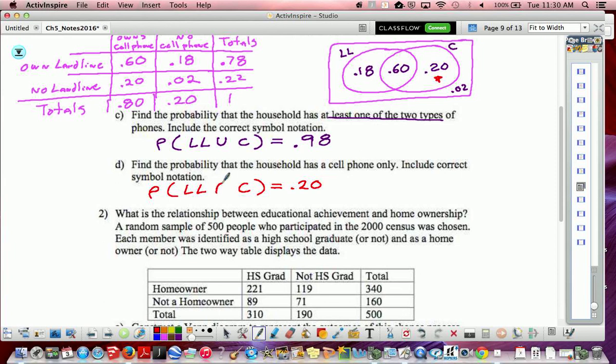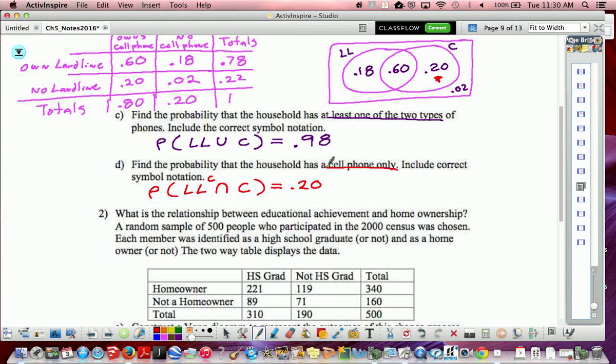It's an and. You've got to do the complement, but I have to do the complement to something. What do I have to do the complement to? To the landline, because I only want a cell phone, so it's a cell phone and not a landline. Since I only want the cell phones, it'd be the cell phones and not a landline.